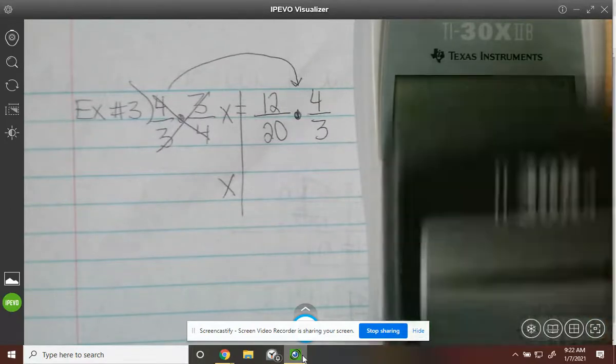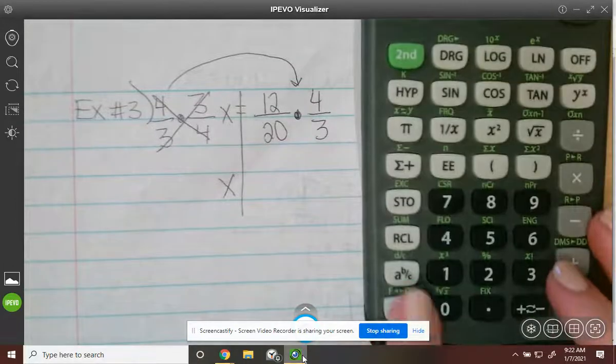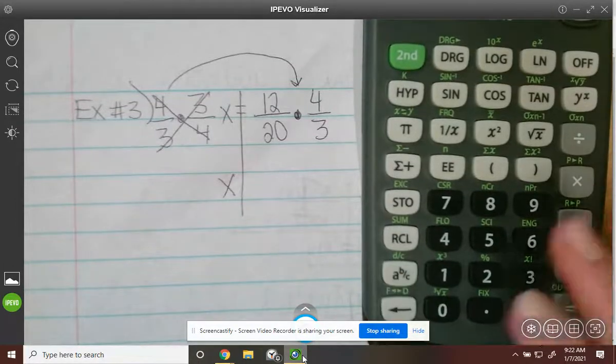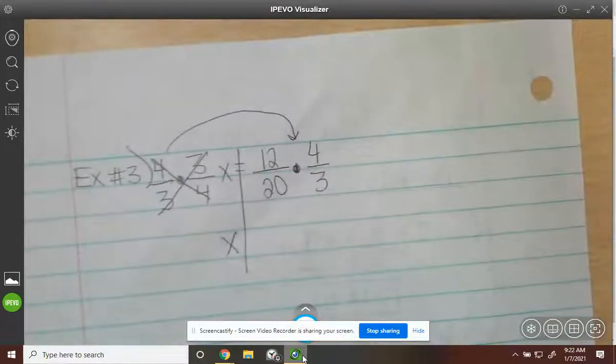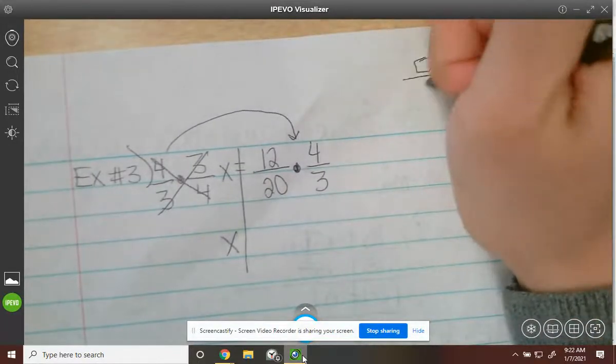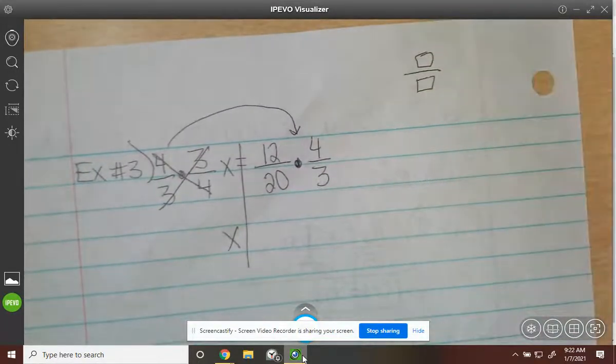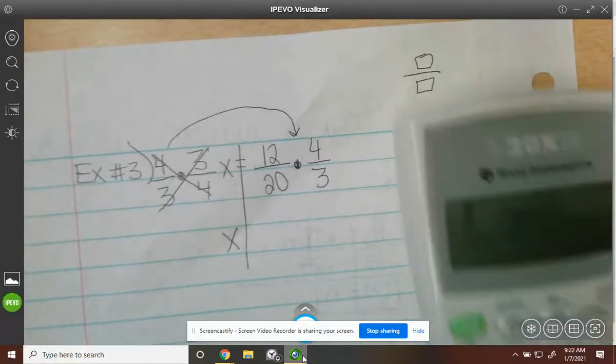If you have a super duper fancy one, you will have markings like that on your calculator, and that's your fraction button. If you can't figure it out, send me a picture of your calculator and I will help you out, or just Google it.